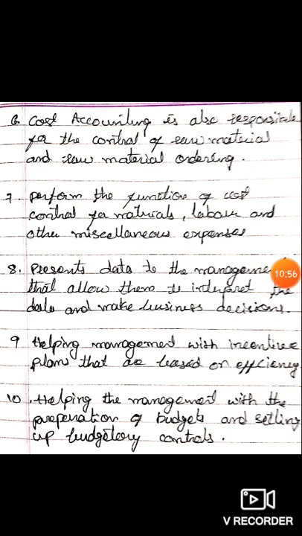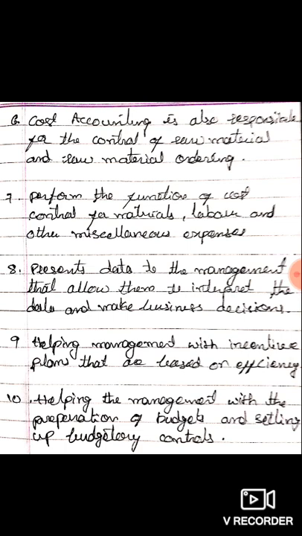Another function of cost accounting is that it is also responsible for the control of raw material and raw material ordering. At irregular intervals, the warehouses are checked by the supervisor to see how much raw material is there and how much they have to order for production.